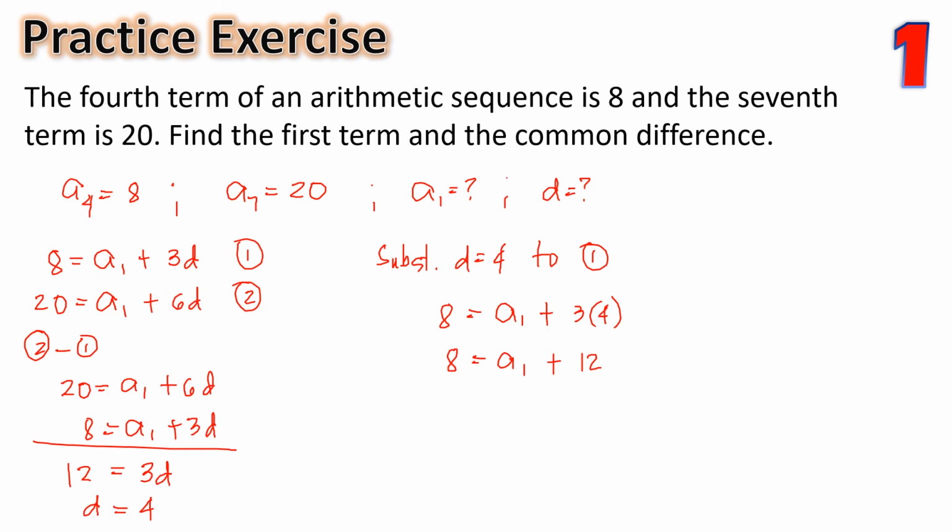Subtracting 12 from both sides of this resulting equation, we have a sub 1 is equal to negative 4. So d is equal to 4 and a sub 1 is negative 4.